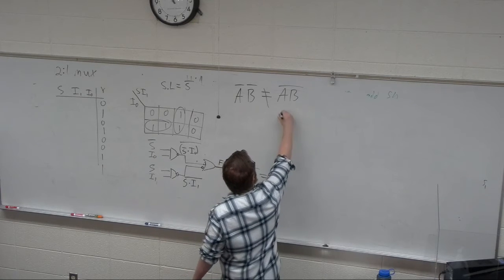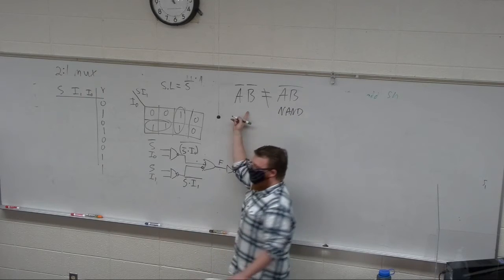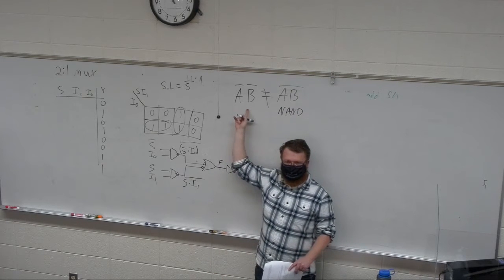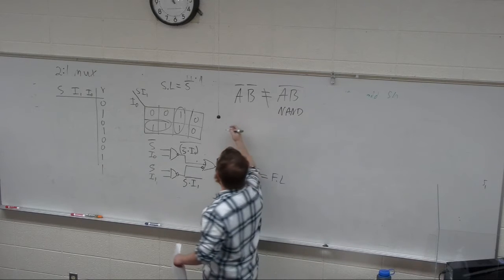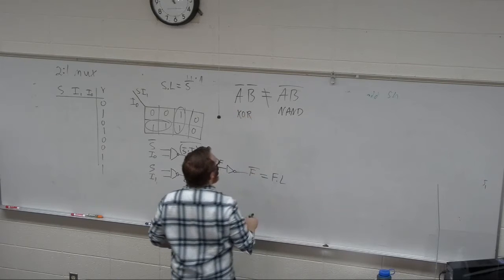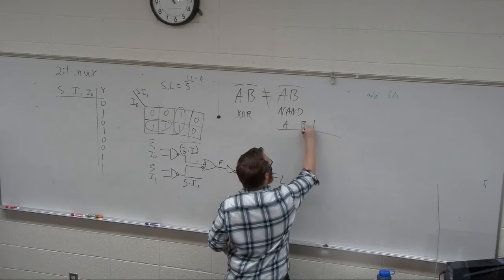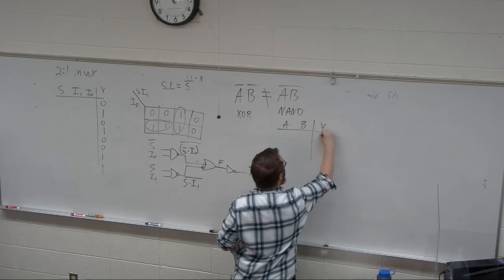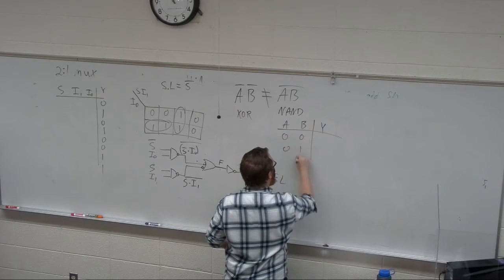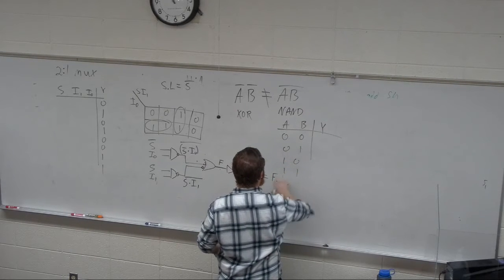Yeah, so this is NAND. What gate is this? Well, it's really like an XOR, right? A, B, Y. I guess it's an XNOR probably, right?